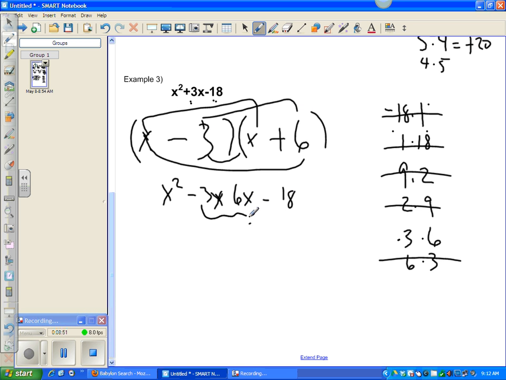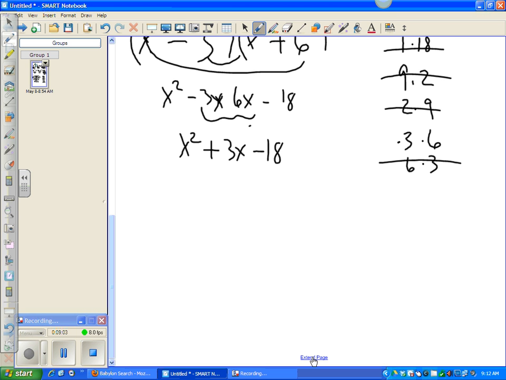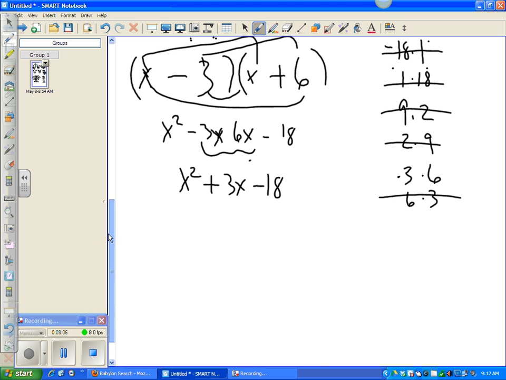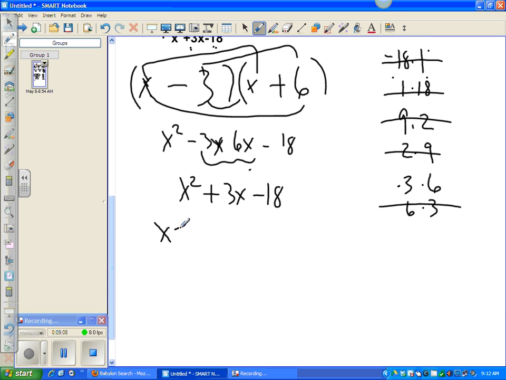I combine these two. X squared plus 3x minus 18, and that's the same answer as up here. So my factored form in this situation is definitely, oops, I went too far, I can't see that. X minus 3, x plus 6.